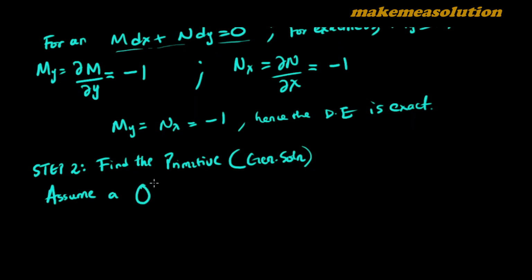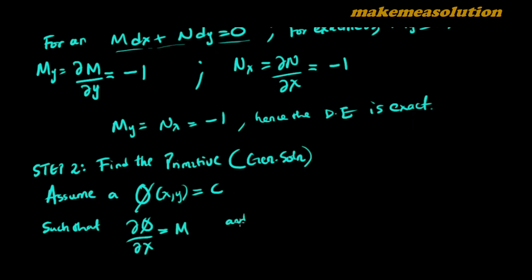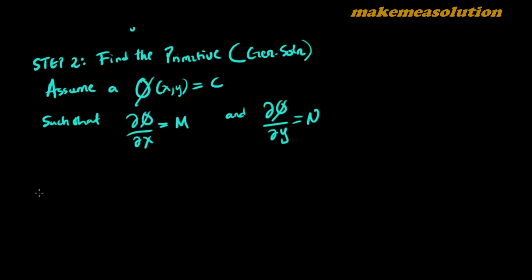So assume a phi of x comma y equal to a constant such that the partial derivative of phi with respect to x is M, and the partial derivative of phi with respect to y is N.